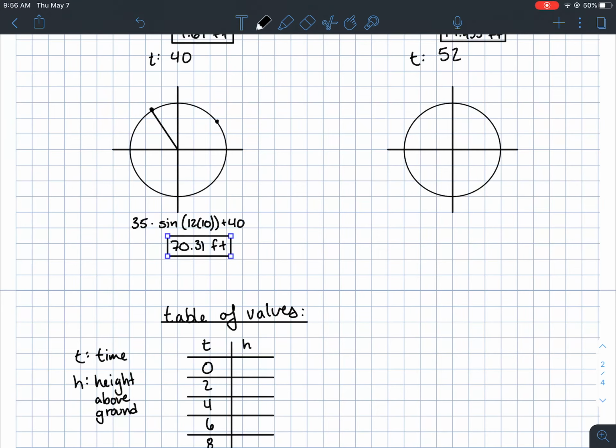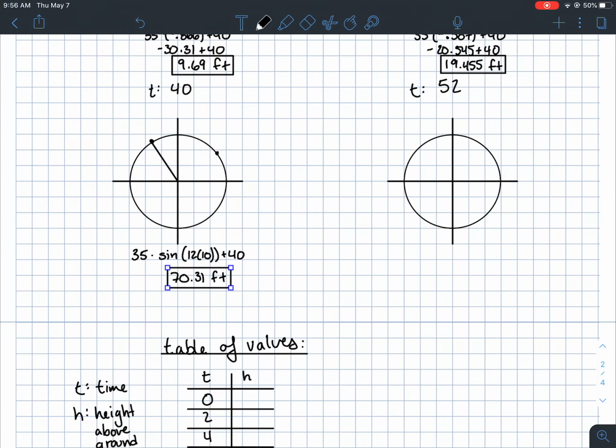Because, as we said, a circle is just going to start repeating itself over and over again. So when we have a time of like 52, that's really just looking at about 22 seconds, because after 30 seconds, we start over. Here's my 0 and 30 second mark. Boom, 22 seconds after that, we're going to be really close to the bottom.